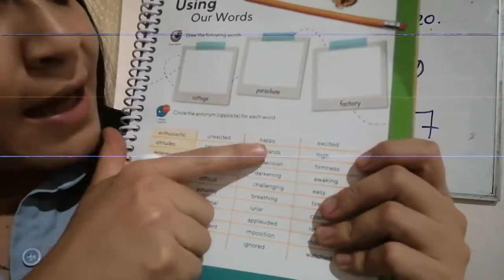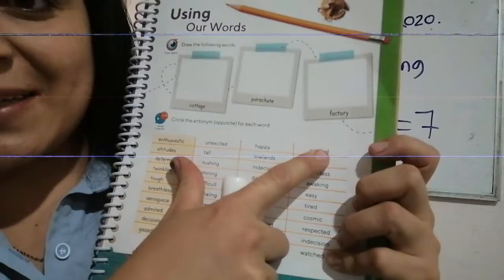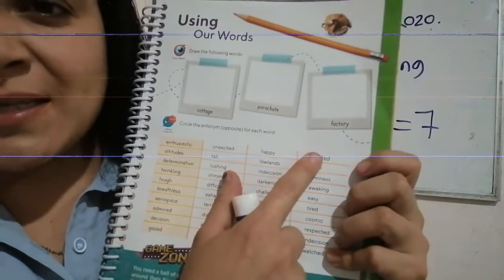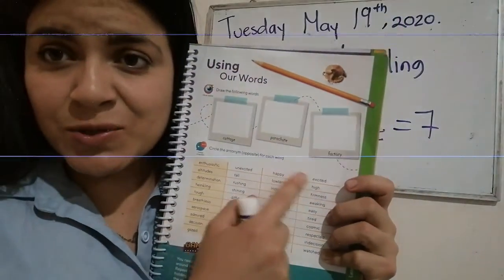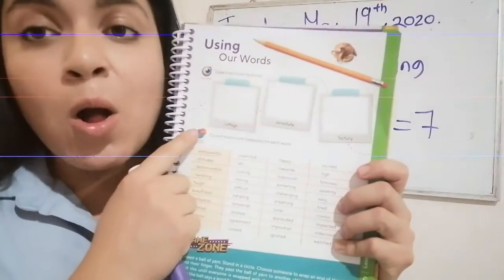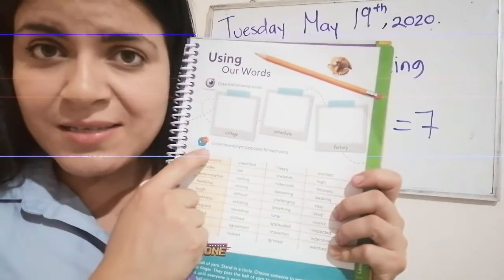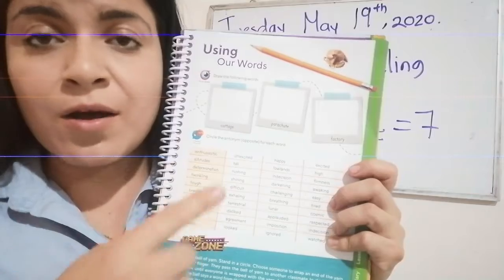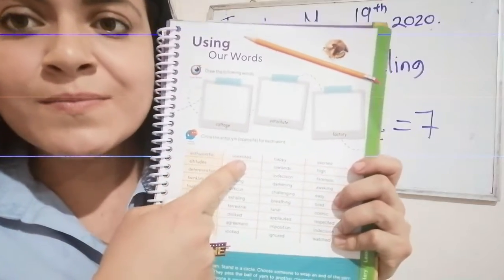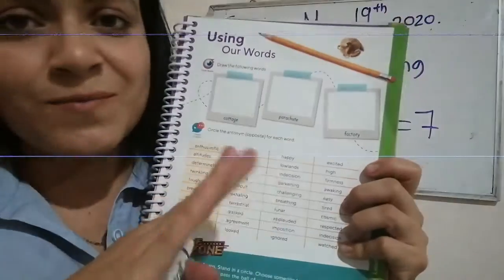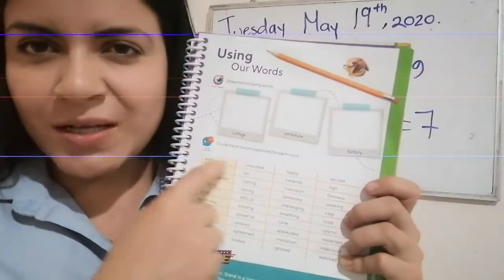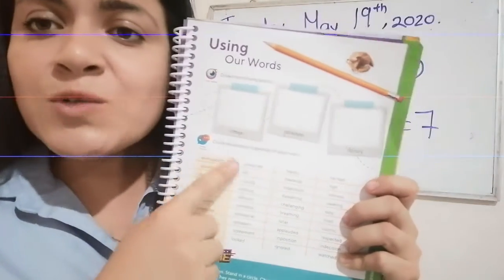Unexcited, happy, or excited? Happy and excited, I think these are synonyms, right? Because they have almost the same meaning as enthusiastic. So the opposite meaning of enthusiastic is unexcited, that you are not excited to do this exercise. Yes, this is what you have to do, guys.